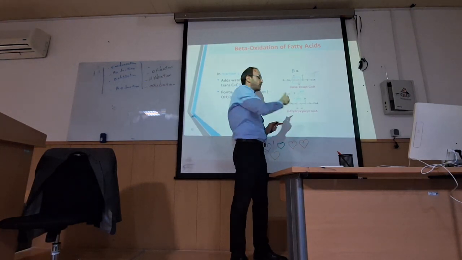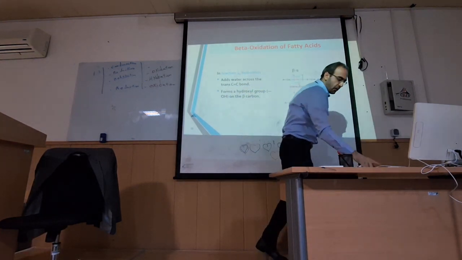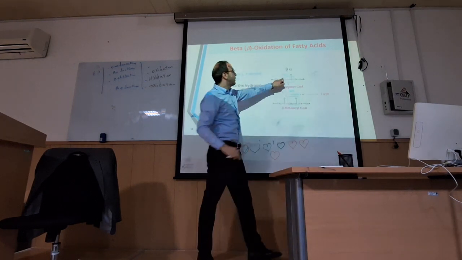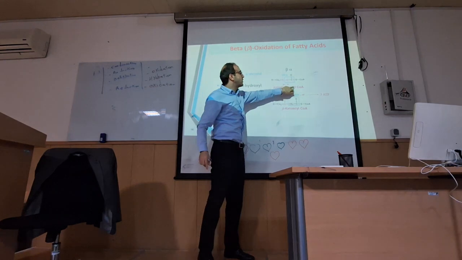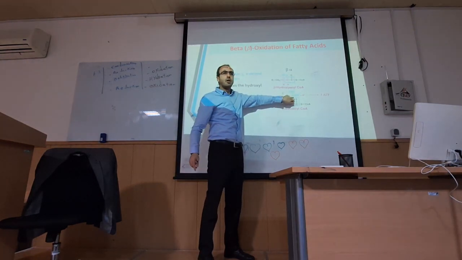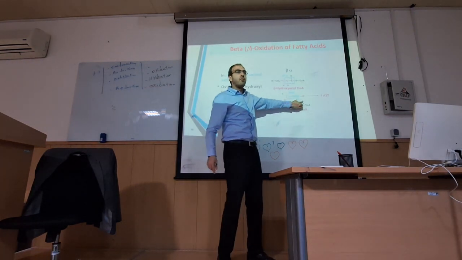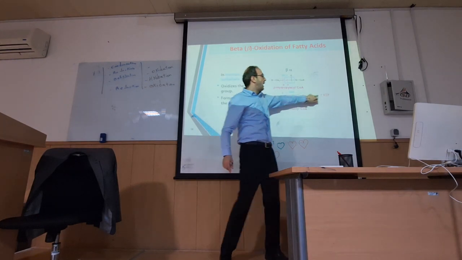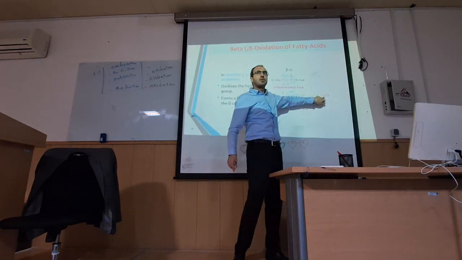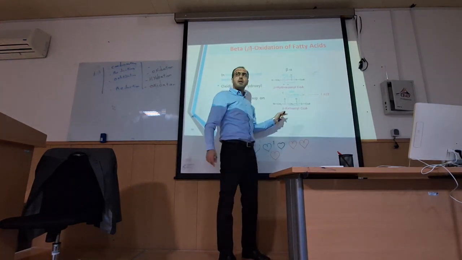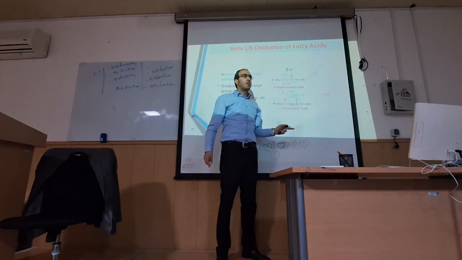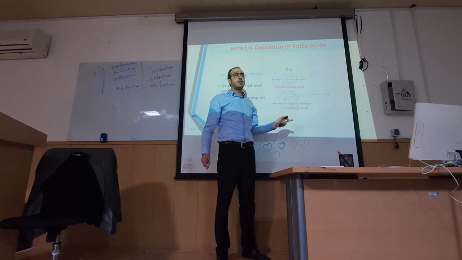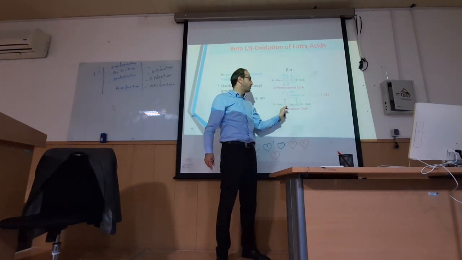We take two hydrogens from this carbon and create a double bond, a keto group, by beta-hydroxyacyl CoA dehydrogenase. It produces one molecule of NADH, which is equal to 3 ATP. This molecule's name is ketoacyl CoA, because it has a keto group.